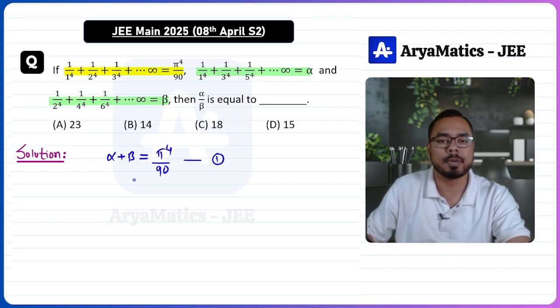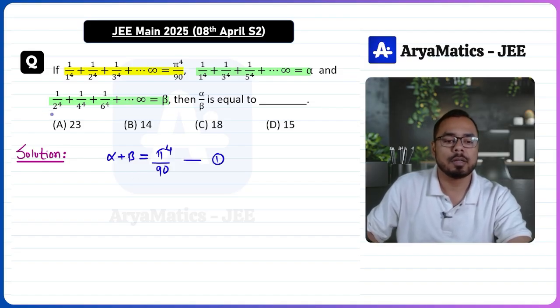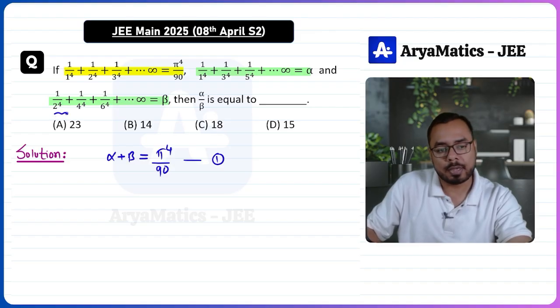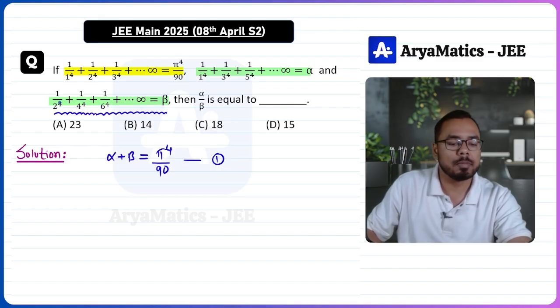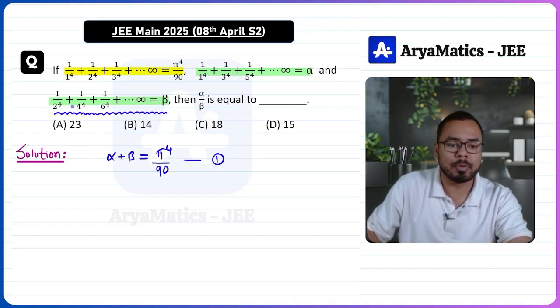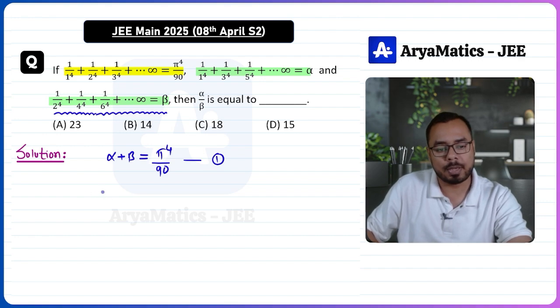This is one equation. And from here in beta you have 1 by even number raised to 4. Now if I take 1 by 2 raised to 4 common from all of these terms, then the very first term will be 1 by 1 raised to 4.